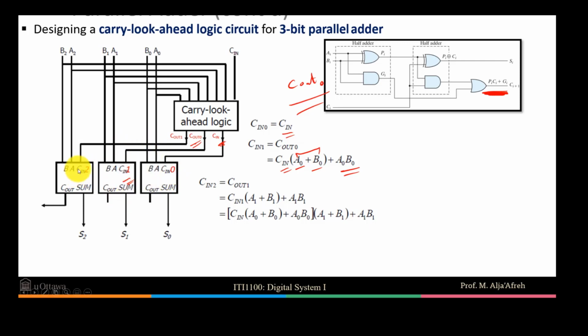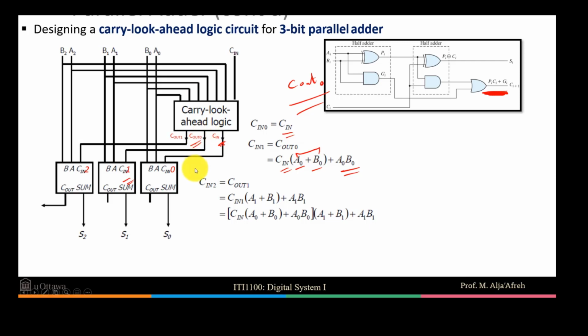So Cn2 will be propagated at the same time as Cn1 and Cn0. This gains speed of operation, but we have to implement those operations using logic gates and replace them in this block diagram here.